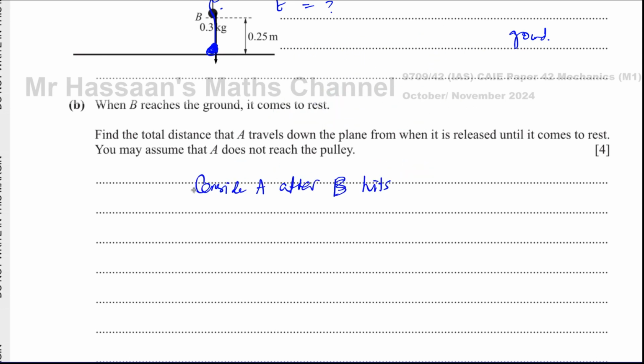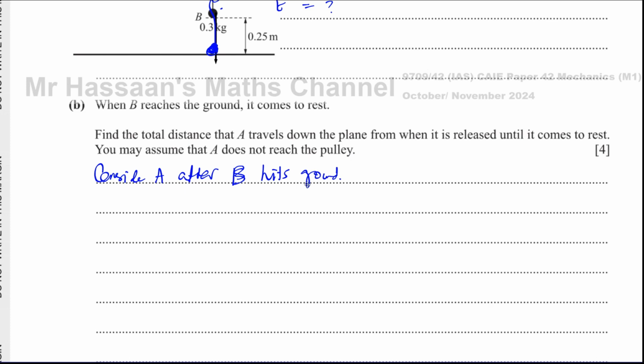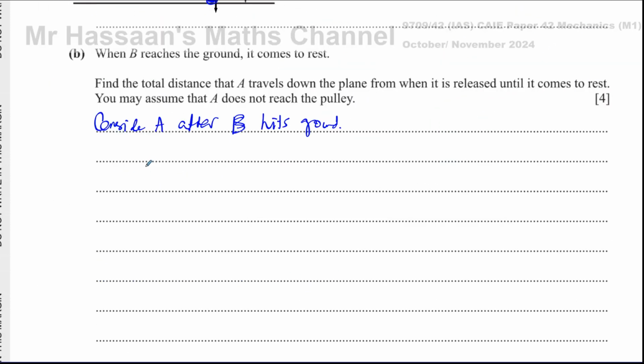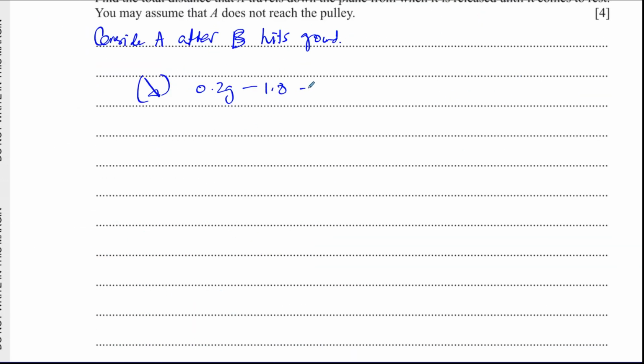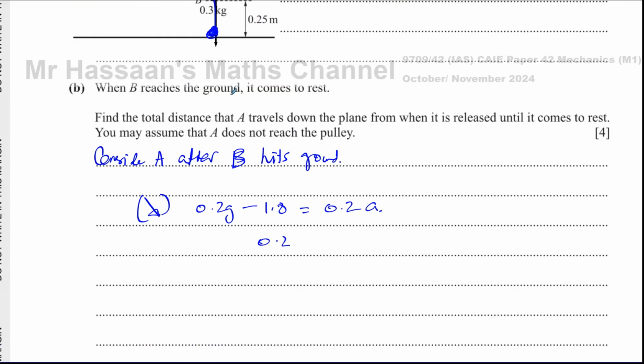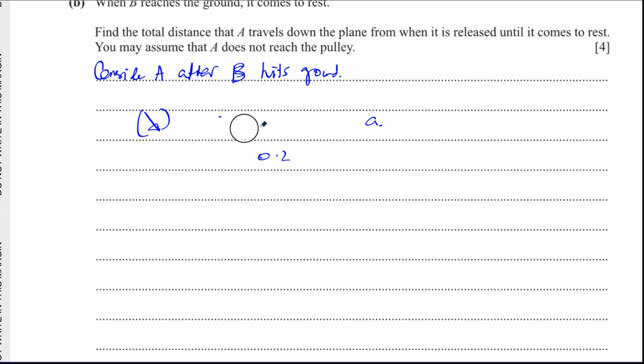So after B hits the ground, you've got the forces acting down the plane, which is 0.2 g sine theta, minus F max, and that's equal to the mass, which is 0.2, times the acceleration.